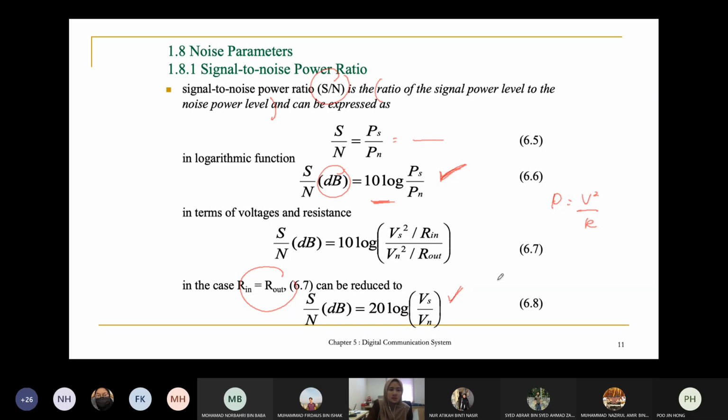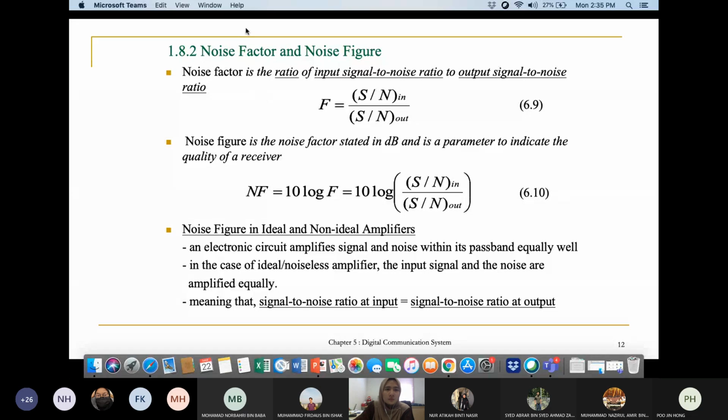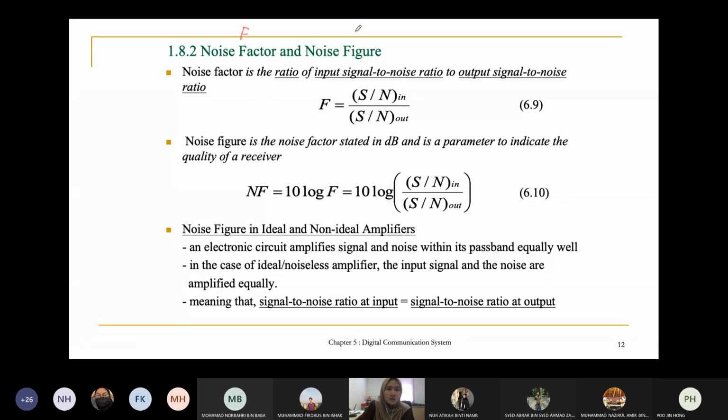The next parameter is the noise factor and also noise figure. Okay, so noise factor is F, noise figure is NF. So first let's look at the noise factor.